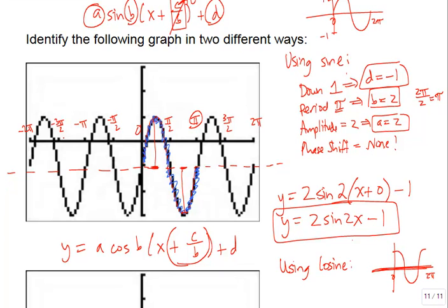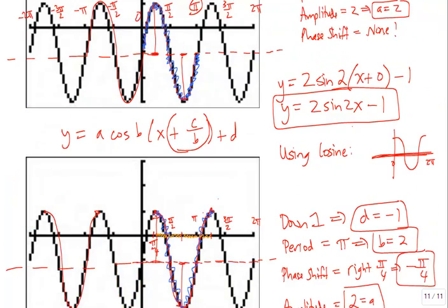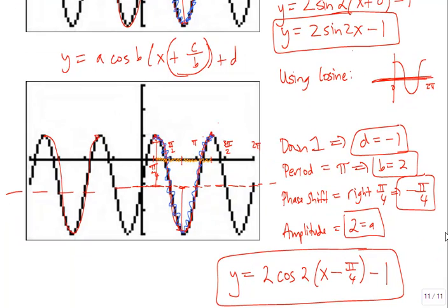If you had chosen a different sine wave right here, for example, that would have given you a different equation than what I chose. So there's always more than one solution to these types of problems. I always tend to look for the easiest sine curve or cosine curve that's closest to the origin, so that I minimize that phase shift as much as possible.